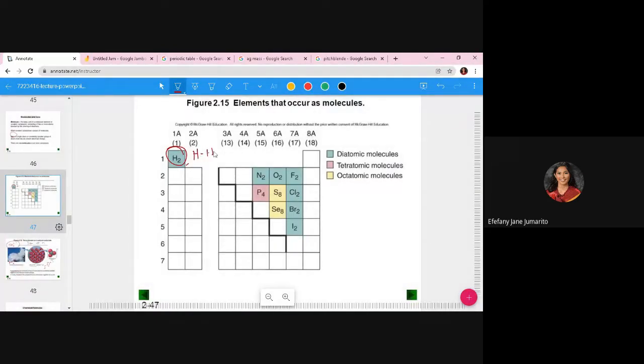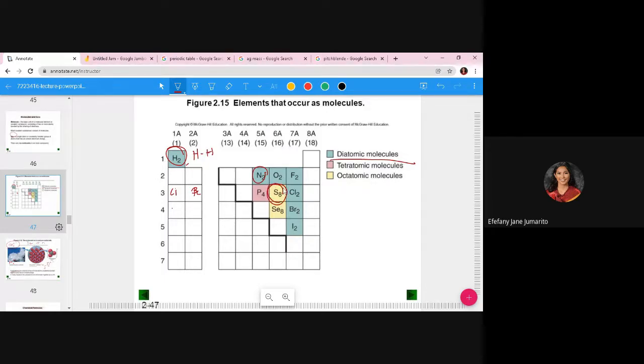When we have oxygen, it exists as O2. We have N2. They are diatomic molecules. But lithium and beryllium are single, monatomic. Then we also have this one.